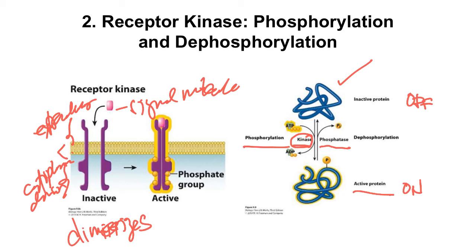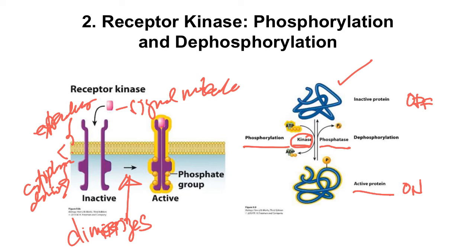Okay, so the binding of the signal molecule to the receptor kinase causes them to dimerize, and this process here is called dimerization. So they associate together reversibly as a result of the binding of the signal molecule. This is equivalent to an allosteric change as well.